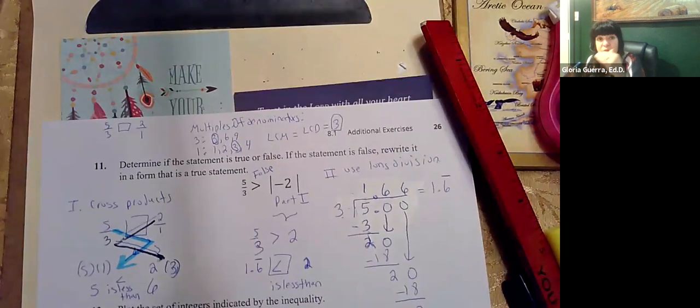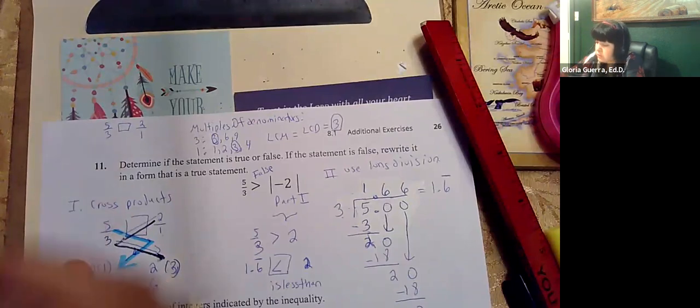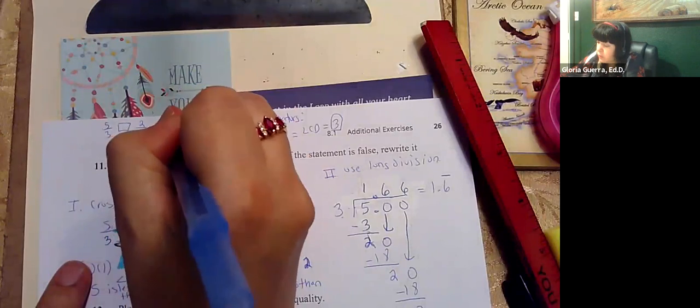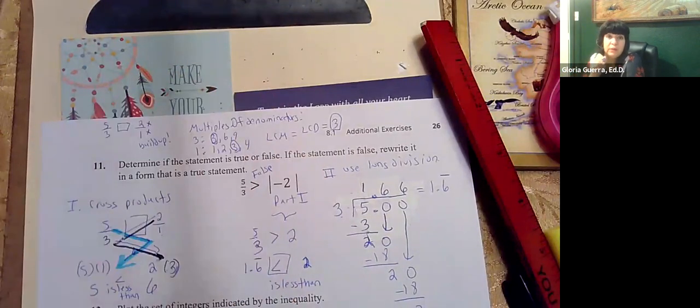So when you build up your fraction, this is already good. This is already 5/3. But this one you're going to have to build up, by multiplying it by how many multiples of 1 you needed to get to the LCM of 3.